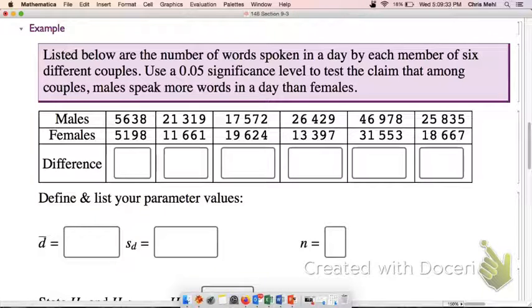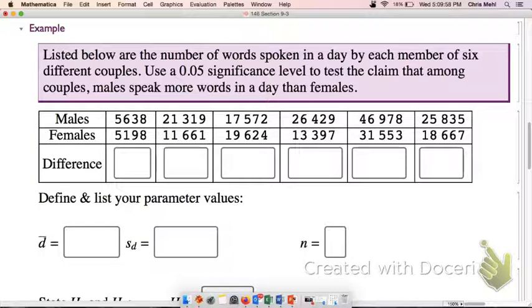So you find a test statistic, you use the alternative hypothesis and the test statistic to find a p-value, and then depending on the given alpha or significance level, you compare your p-value to alpha, make a decision, and formulate a conclusion. So the same process is still involved as any other hypothesis test.